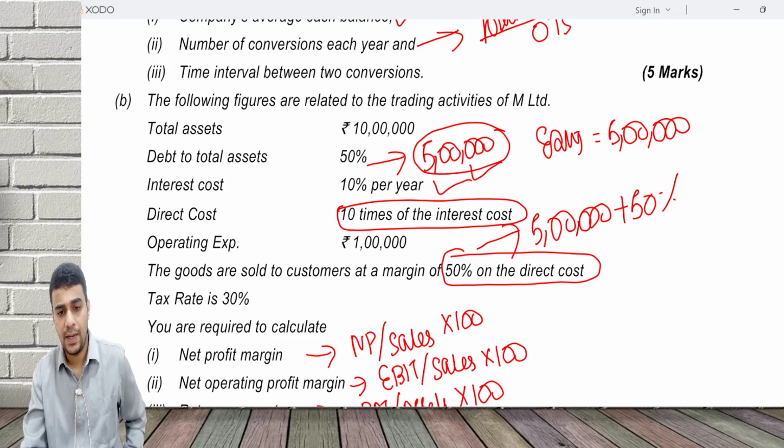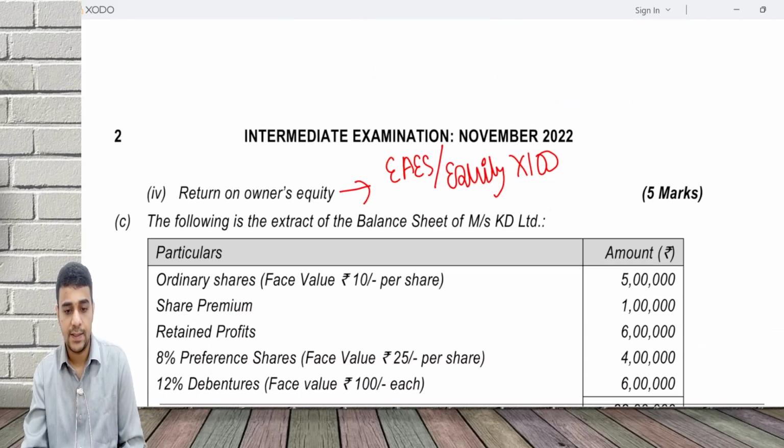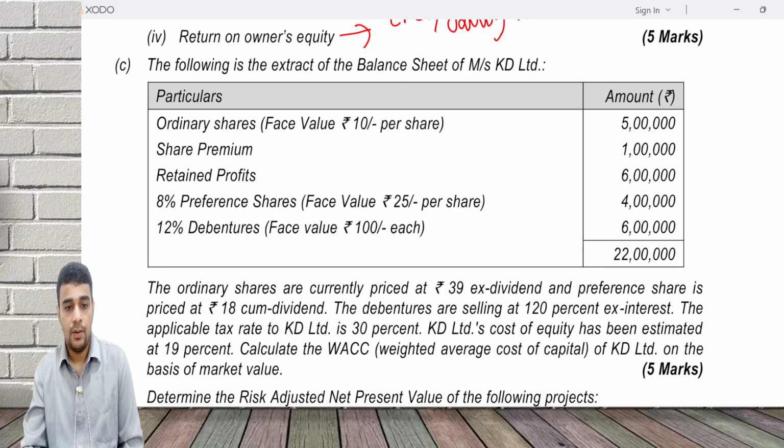Okay, let's move to the next problem. Following is the extract of the balance sheet of a company. Ordinary shares 5 lakh, share premium 1 lakh, retained profit 6 lakh, 8% preference share 4 lakh, 12% debenture 6 lakh.